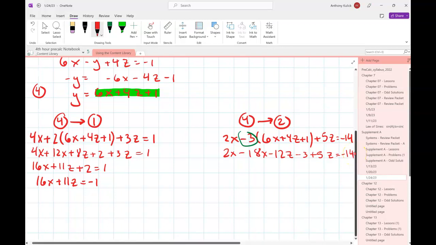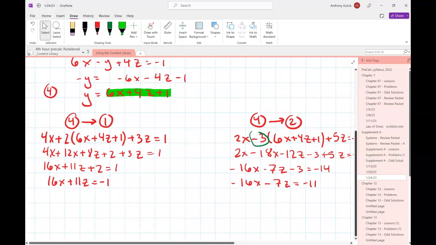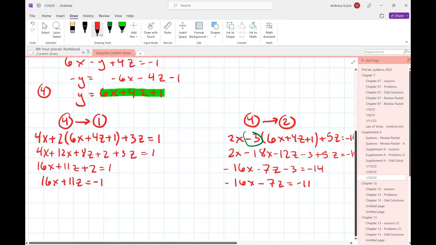Combine my like terms, 2x and -18x is -16x. -12z and 5z is -7z. And then I'm going to add 3 over to move the constant to the other side. And so these guys are going to act like equations 5 and 6.